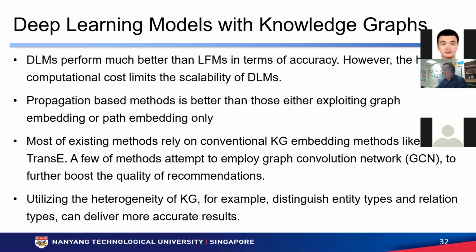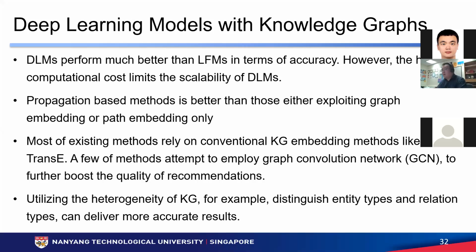Also, propagation-based methods are better than the other two types of methods, which is understandable. Most of the existing methods rely on conventional knowledge graph embedding methods like TransE and TransR, but very few try to employ GCN and GNN to further boost the quality of the recommendation. So I think there's still room for us to do more.